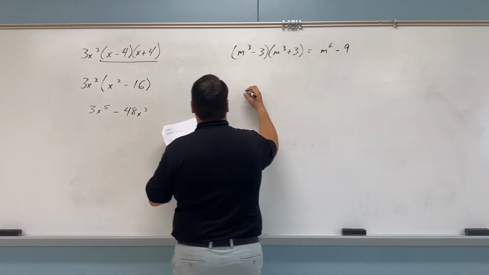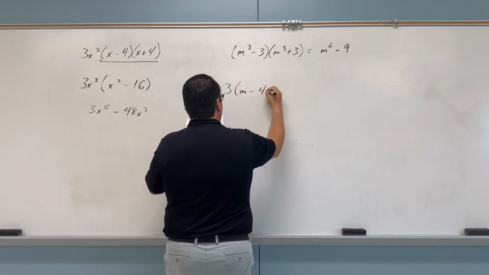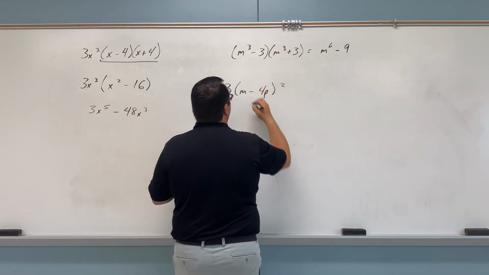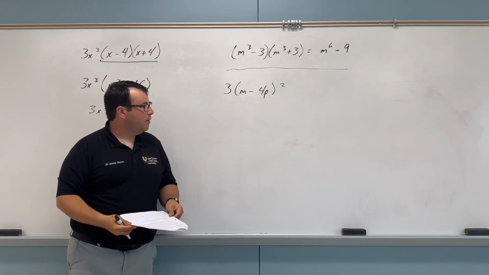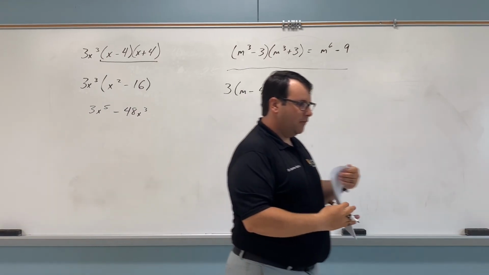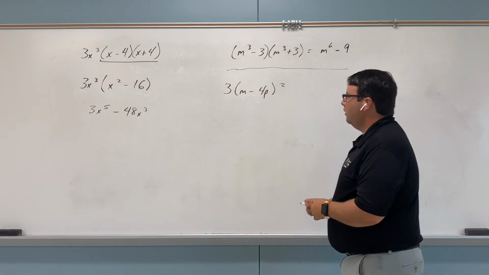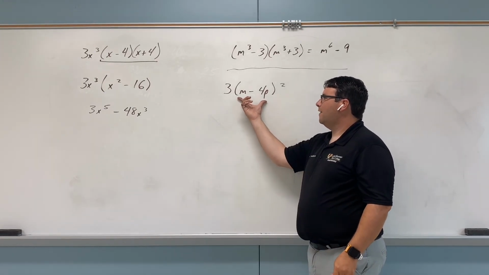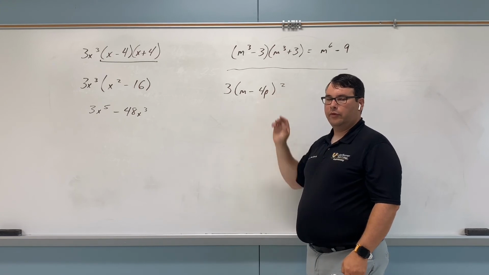Last example for this section. So I have 3 times the quantity of m minus 4p squared. Now, as you're looking at this particular problem, keep in mind that what we're looking at is that this base is squared. So there's a couple approaches.